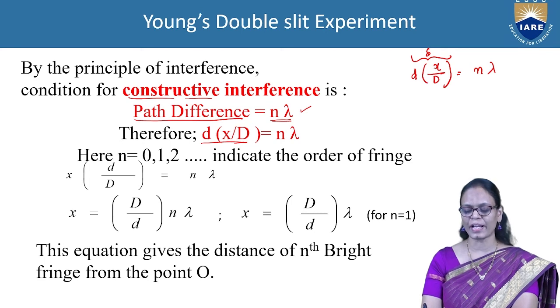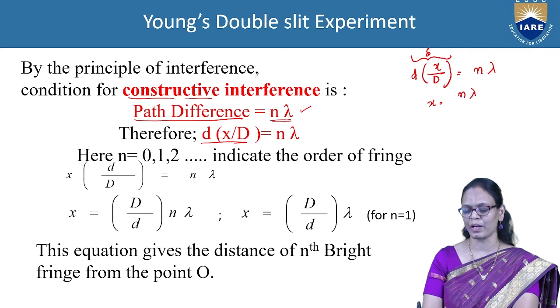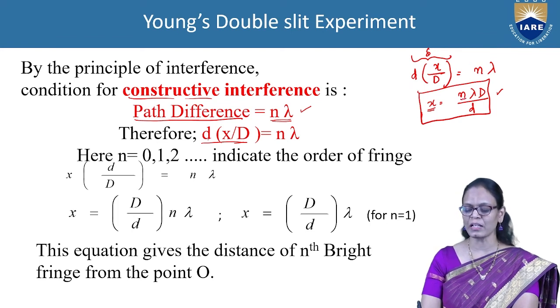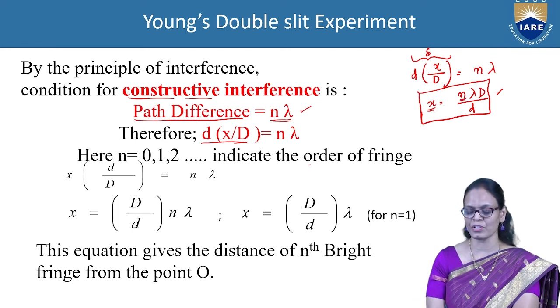So if I have to write for X, X will be equal to n lambda capital D upon small d. So this will be the expression for X, the distance at which the next bright fringe is formed from the central fringe. And n here denotes the order of the fringe.